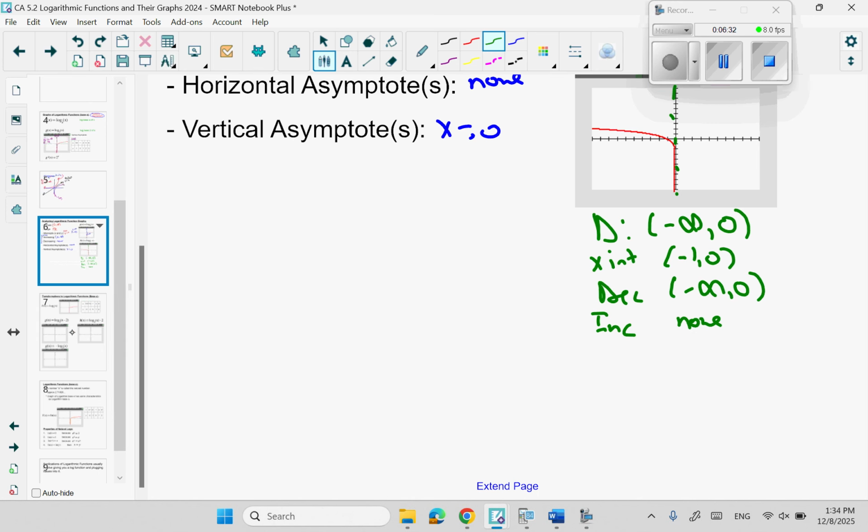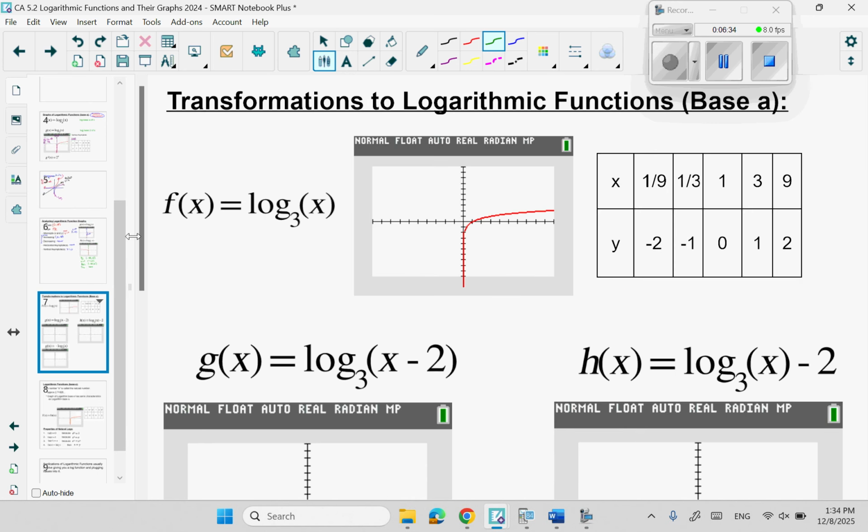Okay. Well, just like yesterday, let's talk about transformations a little bit. So again, remember that whenever it's transformations on the inside, it is horizontal, which affect the x values.